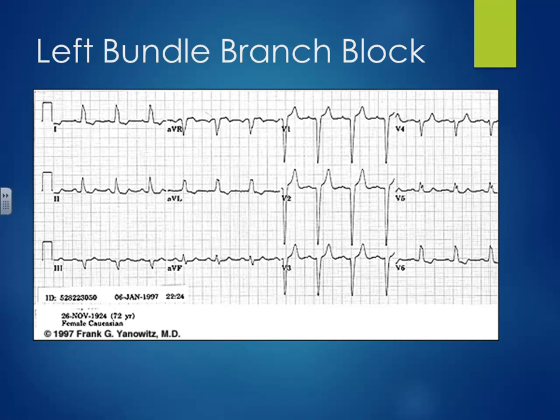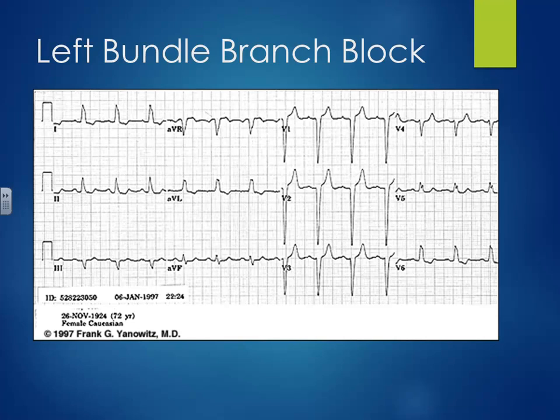Do you see the QRS? It's very different than what it should look like, and it's down. All right? So think of your turn signal. Here's my steering wheel, here's my turn signal. If I push my turn signal up, we're turning to the right, right? If I push my turn signal down, we're turning to the left.